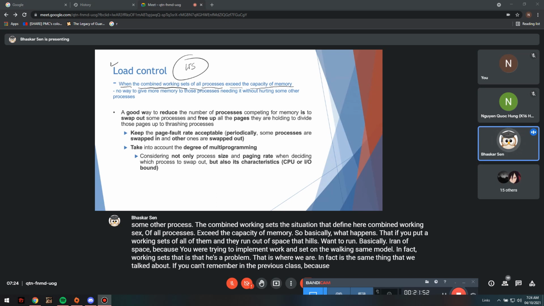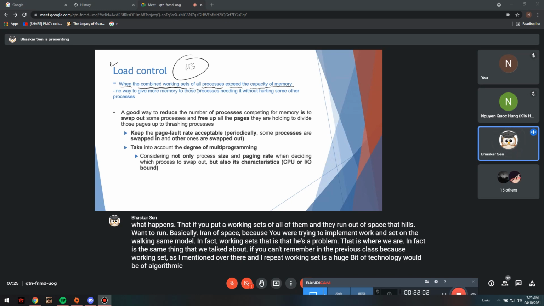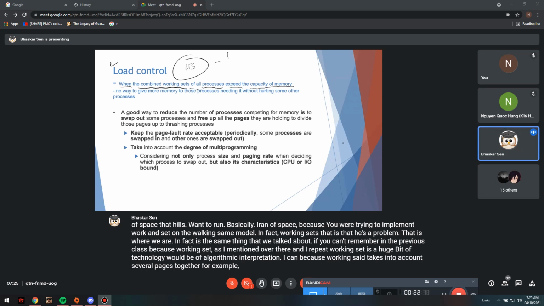Because a working set, as I mentioned over there and I repeat, is a good bit of technology, a good bit of algorithmic interpretation. Working set takes into account several pages together. For example, a working set may contain P1, then P5, then P4, P10, and P11.